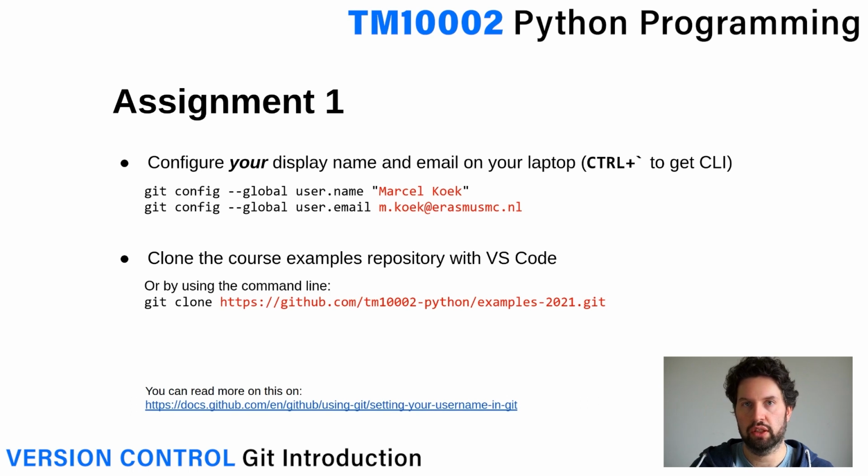These things both are used to identify you to GitHub whenever you commit files to it. And next, you can clone the course examples repository like I just showed you. You can do this using Visual Studio Code, or if you're up to it and you're familiar with the command line, you can also try to type in the Git commands by hand. There's a command line interface for Git.